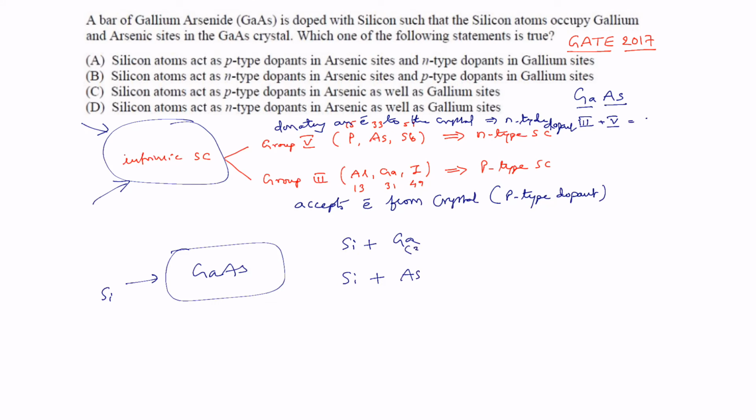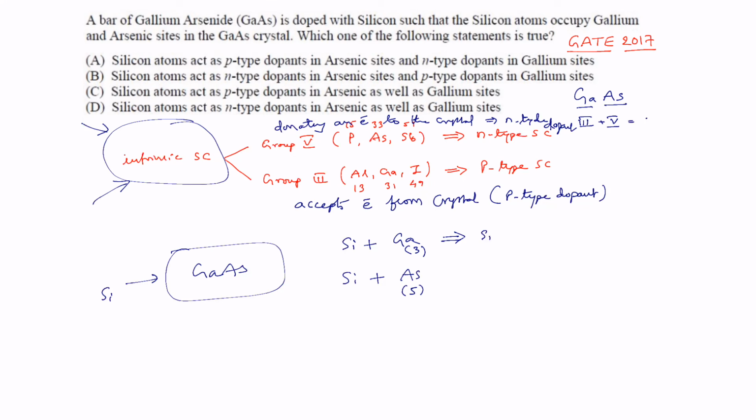Remember that gallium is group 3, arsenic is group 5. In this case, as a characteristic of a compound semiconductor, each atom should have 4 valence electrons in its outermost orbit. So gallium requires 1 electron, so it takes 1 electron from silicon.